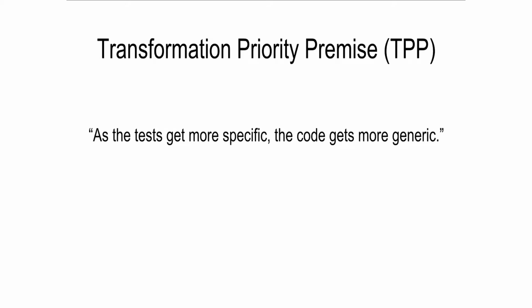I want you to come back to a little bit of the theory. Those rules which help you transform your implementation are called transformation priority premise. What it says is that as you have more tests, or basically as you have more examples and they get more specific, your code becomes more generic.